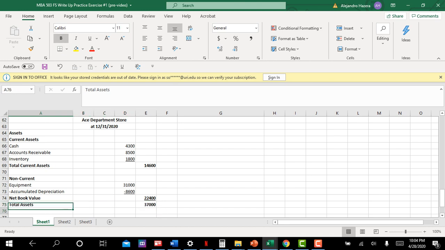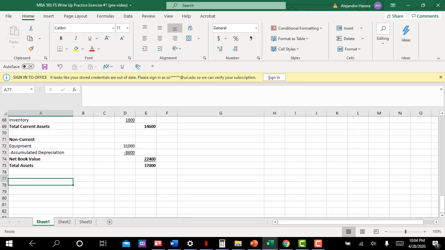equal to. Okay, finally, I'm going to get down to the second half of the balance sheet, which is liabilities plus SE, I'll just acronym it, plus shareholders' equity. Okay, so this is huge. Okay, so we're going to do liabilities first. We have liabilities.